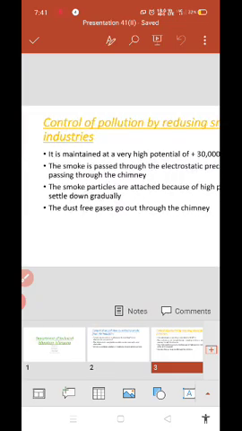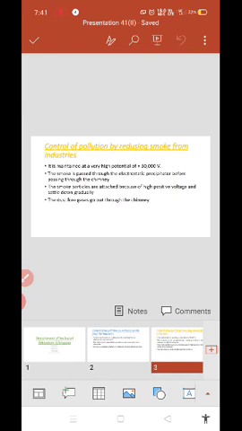It is maintained at a very high potential of plus 30,000 volts. The smoke is passed through the electrostatic precipitator before passing through the chimney.